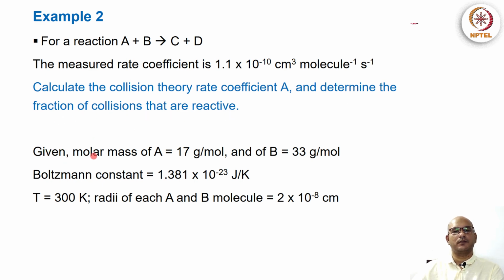We have been given the molar mass of A is 17 grams per mole, B is 33 grams per mole, and the Boltzmann constant is 1.381 into 10 to power minus 23 joules per Kelvin. The temperature is 300 Kelvin, and the radius of each molecule is 2.2 into 10 to power minus 8 centimeter.